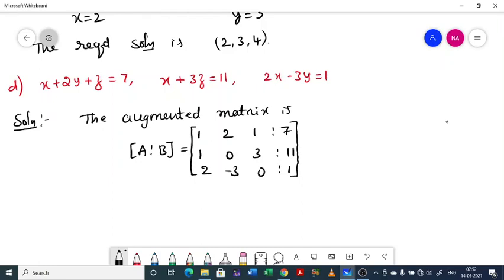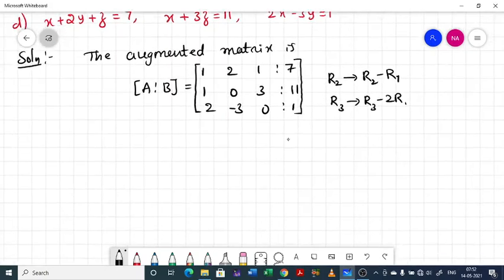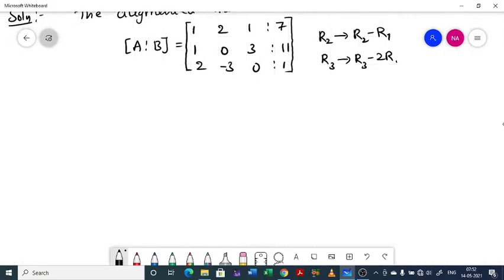Now we have to use operations. R2 changes to R2 minus R1, no problem with that. And R3 changes to R3 minus 2R1. This will be equivalent to, first row no change, 1, 2, 1 colon 7.